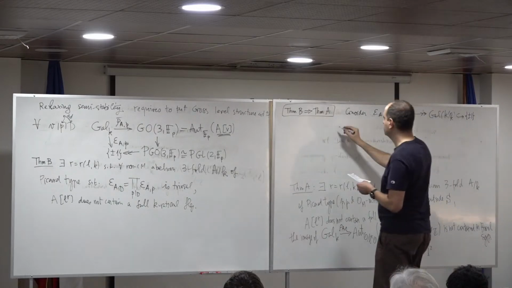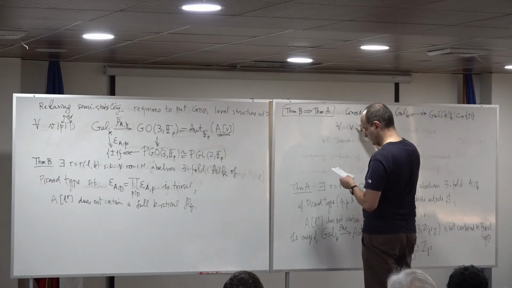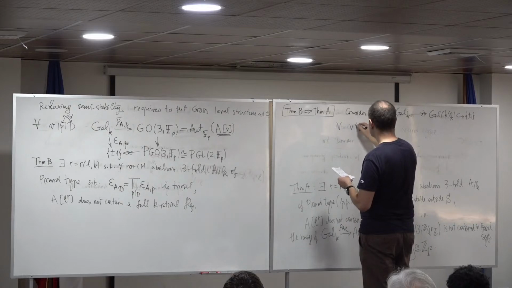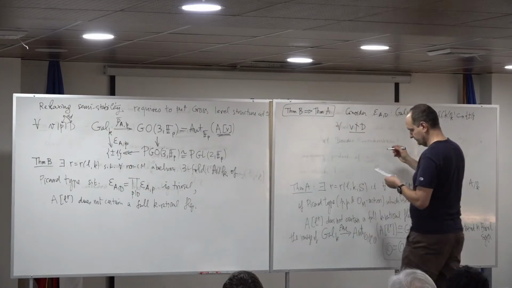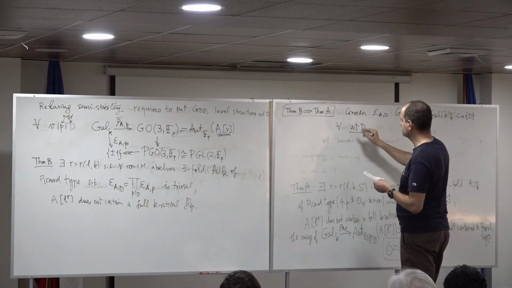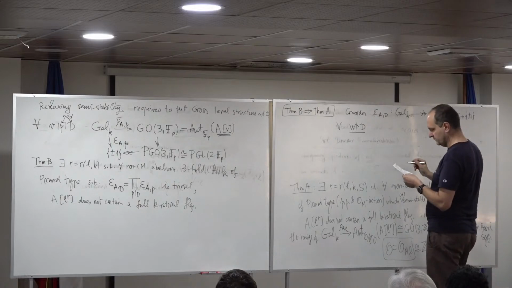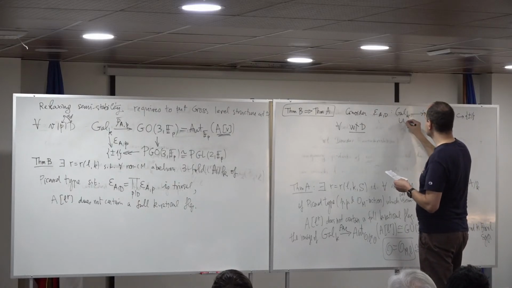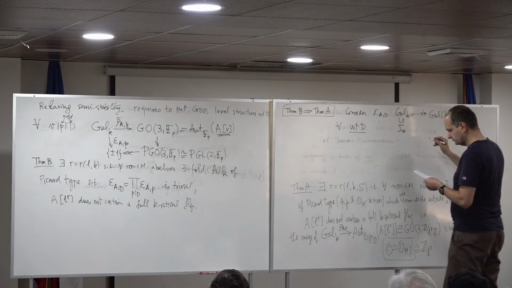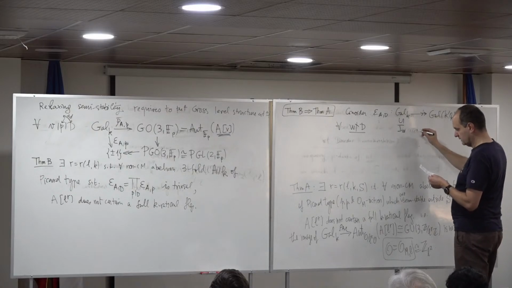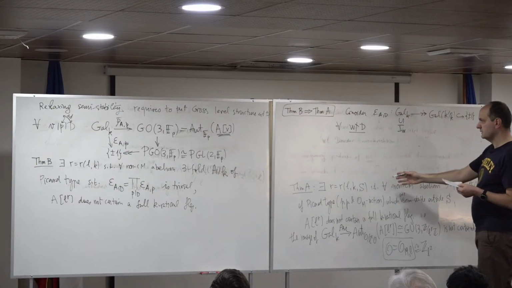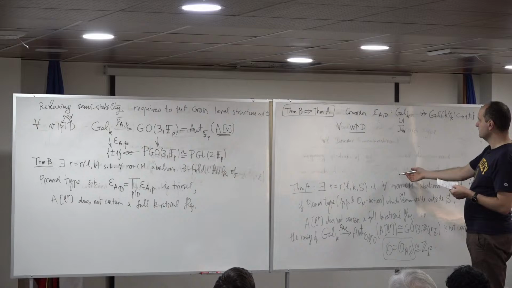And so for all w not dividing D, for any place not dividing the discriminant, the inertia here, okay, I'm assuming that A is as in theorem A, right?